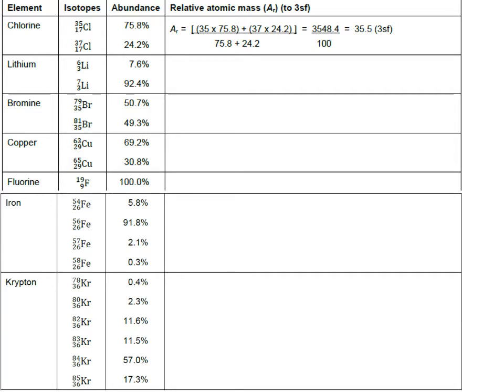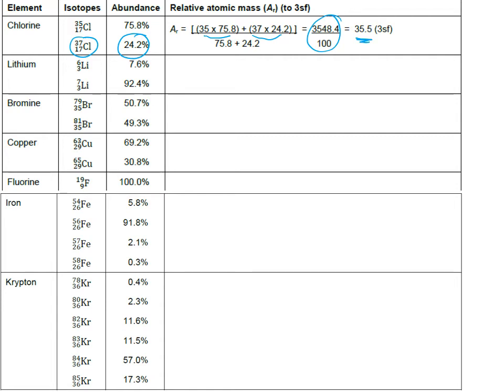Okay, so here I have some practice questions for you, just going over chlorine. We've used the same method that I showed you in the previous slide, and we've just done 35 times the percentage, and then 37 times the percentage, and then we've divided it by 100.